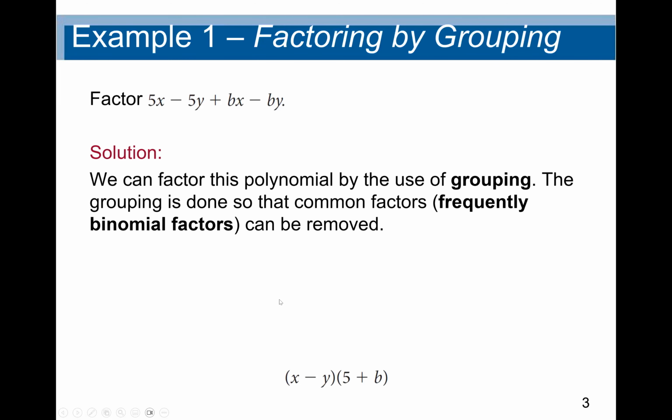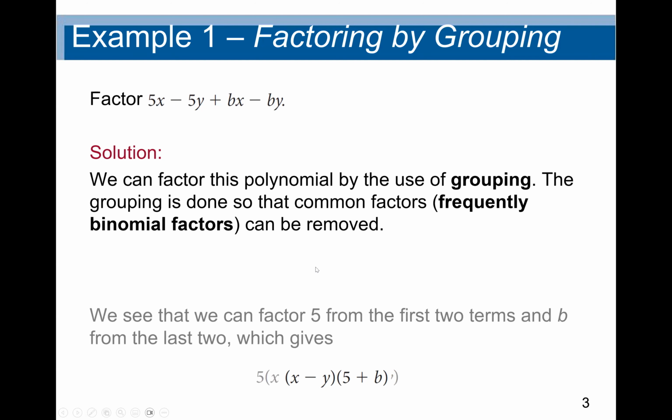So it's the same as writing 5 times x minus y plus b times x minus y. x minus y is common in both terms, so we have x minus y, then we have 5 plus b. So here we say we can factor this polynomial by using grouping. The grouping is done so that the common factors, frequently binomial factors, can be removed.